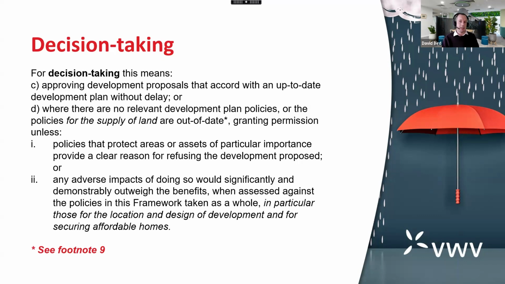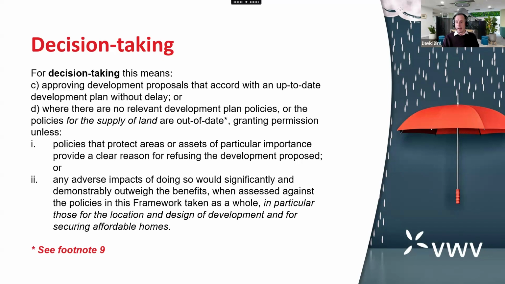You might have heard this as the tilted balance, and that is where there are no relevant development plan policies, or the policies for the supply of land are out of date. They should grant permission unless... I is to do with listed buildings and other things of particular importance.